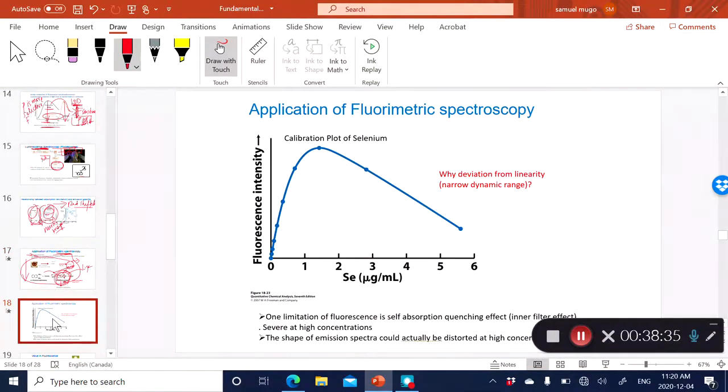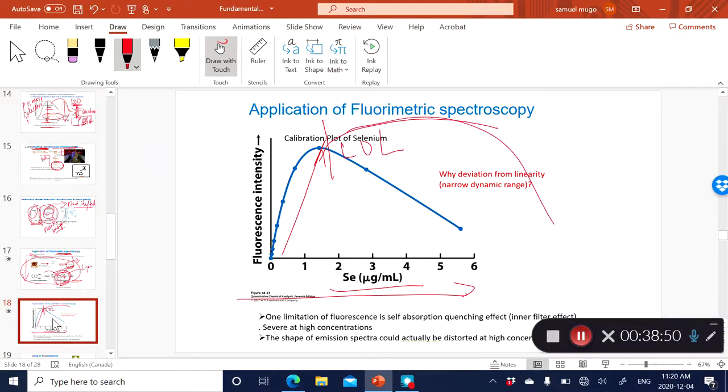It's very common when you're doing calibration with fluorescence spectroscopy to have this situation where you see a linear increase with concentration, but at some point, instead of plateauing at the limit of linearity, it decreases. And the reason it decreases is because some of the light that is emitted is being reabsorbed by the elements in the ground state.